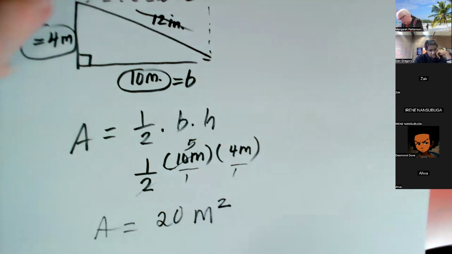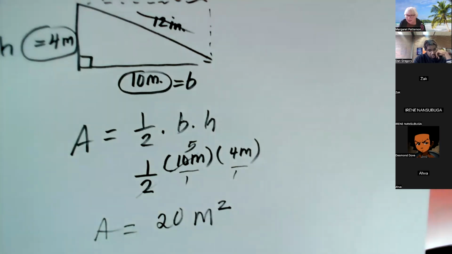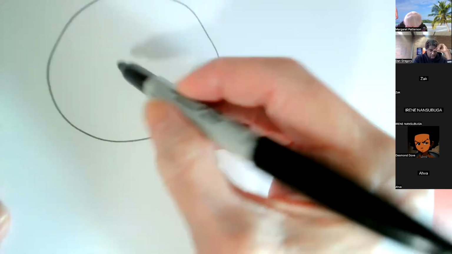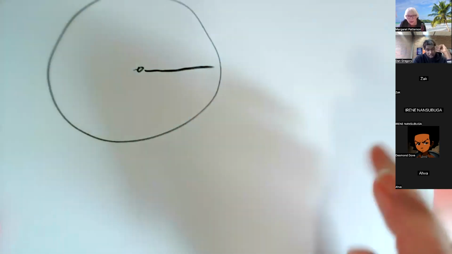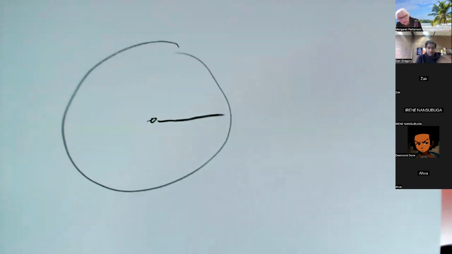Are you ready for the circle? Uh-oh. We're going to find the area. And this formula you might have to write down, but I'm going to show you. I was at the Science Museum in Boston, which is a big fancy museum, and they showed a visual of how to see this.